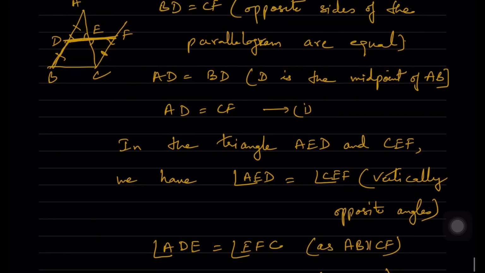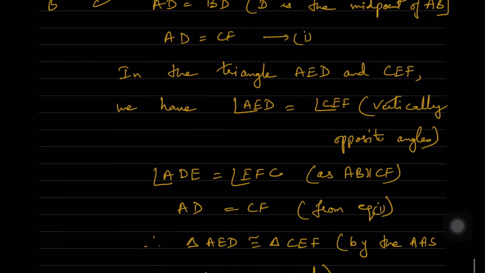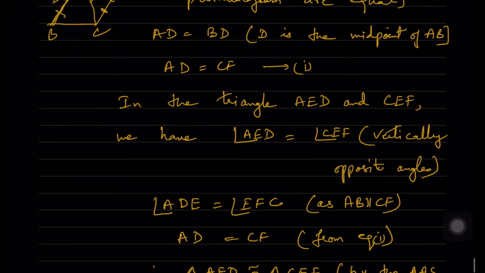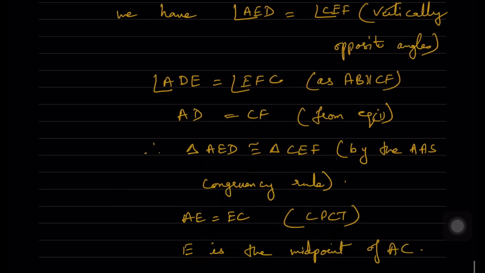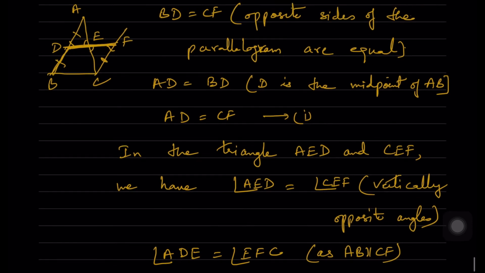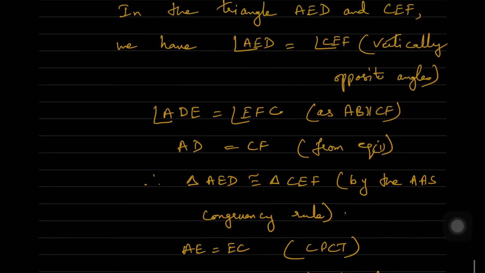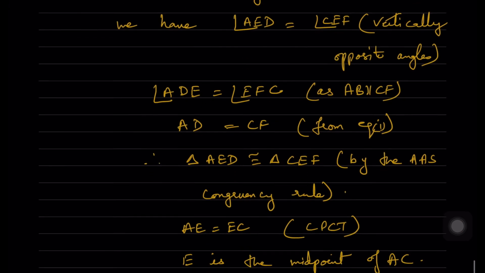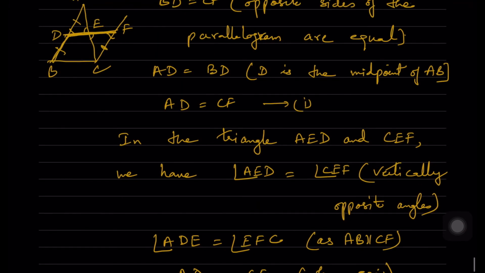Now AD is equal to CF from equation 1. Therefore triangles AED and CEF are congruent by the ASA congruency rule. Therefore AE is equal to EC by CPCT. So we can tell that E is the midpoint of AC. We had to prove that.